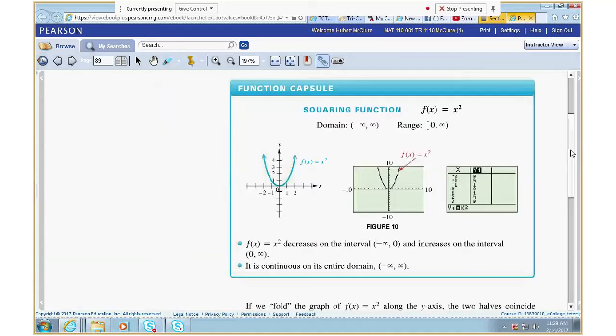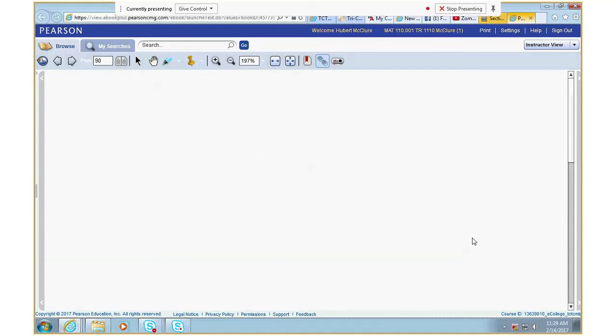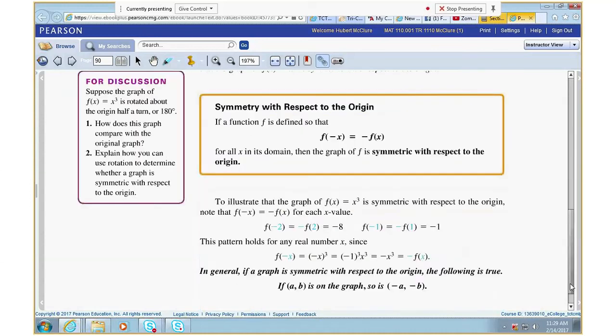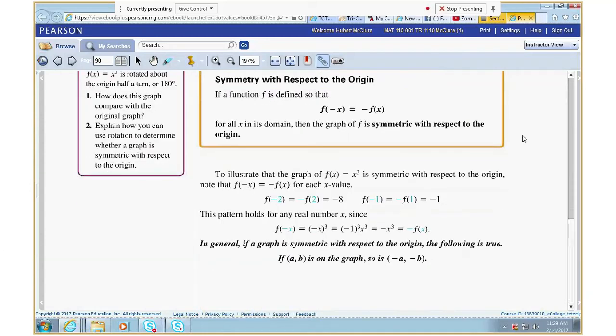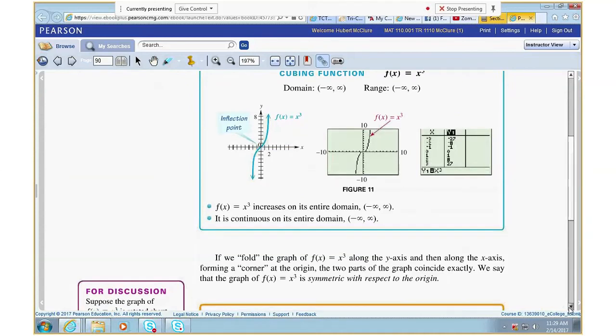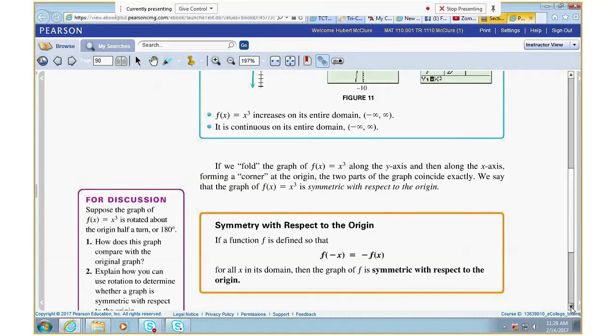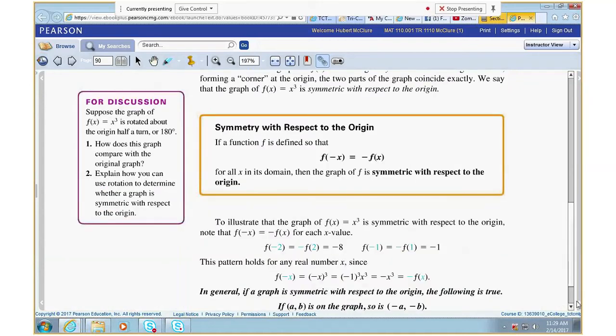I should have two of them together. Hold on, let me see if I can find it. There's the other one. I'll write them on the board here in just a second, so if you don't get them, I'll write them. And I'll just snip them out. That'll be the easiest thing to do.